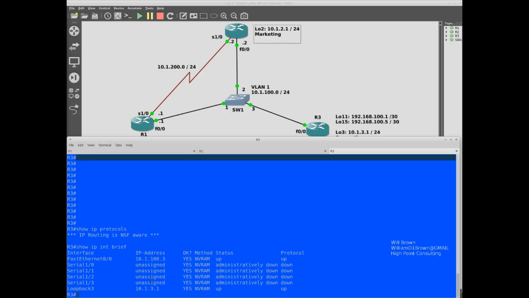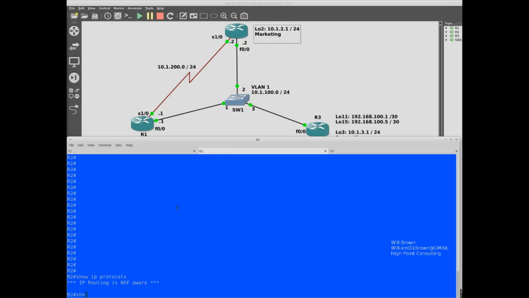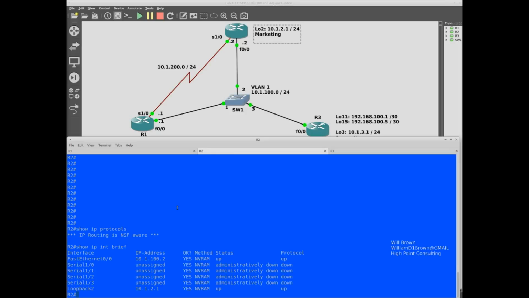And these loopbacks are simulating LAN segments in the network. Let's take a look at router 2, show IP int brief. Okay, and the up and up state, 10.1.100.2, which is into that VLAN 1 broadcast network.